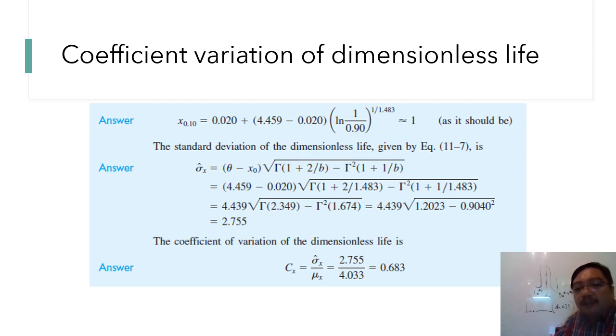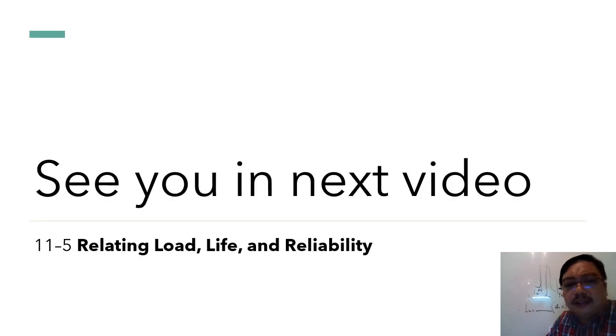Where can you get these numbers, 4.459 and 0.02? You trace back, and then you should understand.